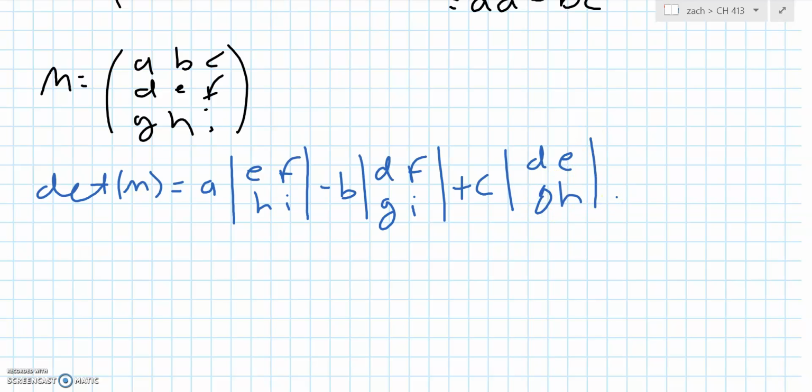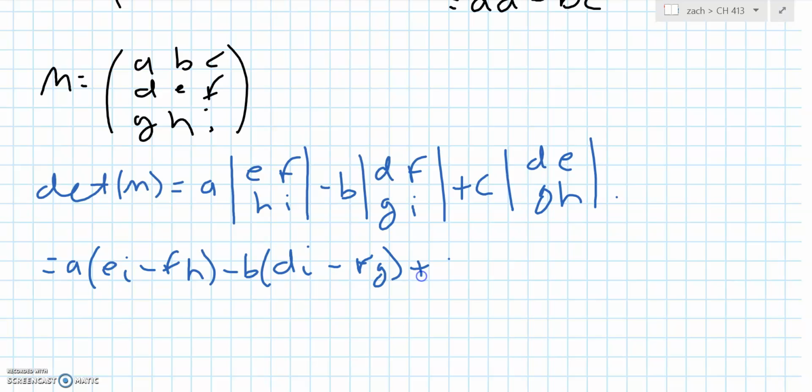Okay? So now we have just a bunch of small determinants to take, right? So this is A times (EI minus FH) minus B times (DI minus FG) plus C times the quantity (DH minus EG). And again, we can just multiply this out even further.